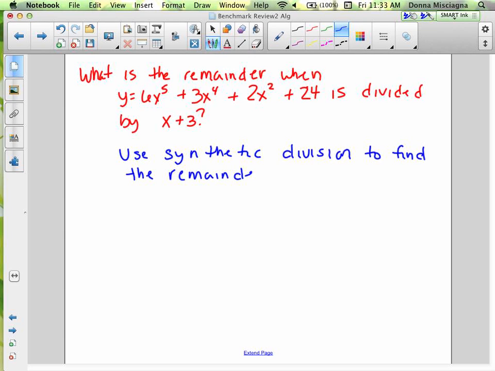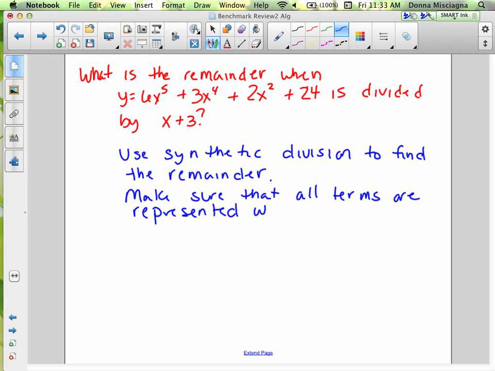Now make sure that all terms are represented when you divide.